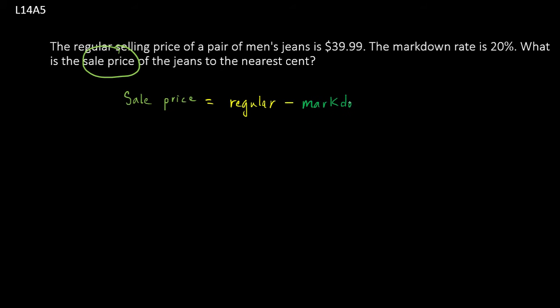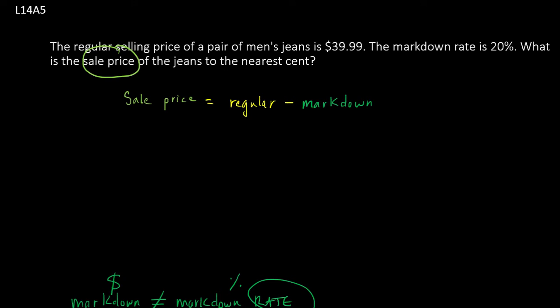Now remember, markdown, I'll write it over here, markdown is not equal to markdown rate, okay? Very common for these to be confused. So markdown is going to be a dollar amount, markdown rate is going to be a percentage. Anytime we have rate, it's going to be a percentage.